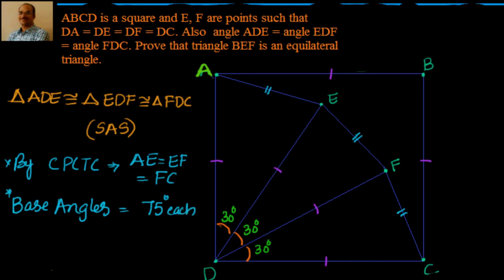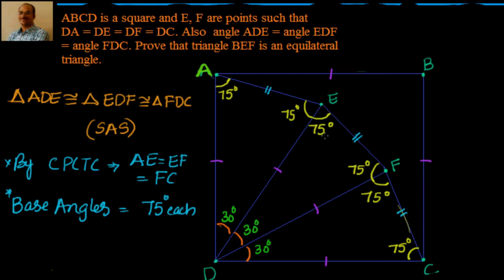Because in a 30 degree isosceles triangle the base angles are equal, so I get 75 here, 75 here, and another 75 in each of the other places.